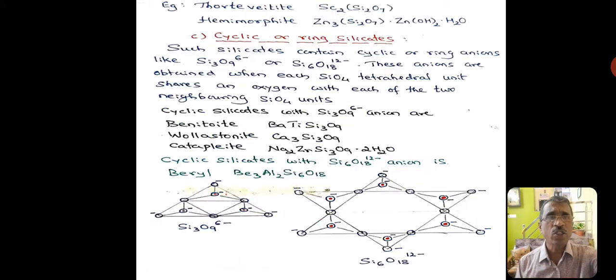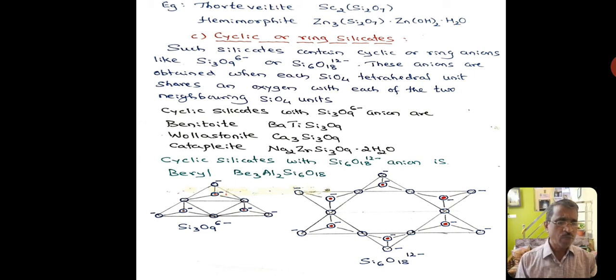In the structure I have shown there, 2 silicon are attached to one oxygen and this oxygen atom is neutral and not carrying any charge. So outside, how many oxygen are there? 6 oxygen are there, and these 6 oxygens have a -1 charge. Therefore total charge is -6, and the formula is Si2O7 having 6- charge.